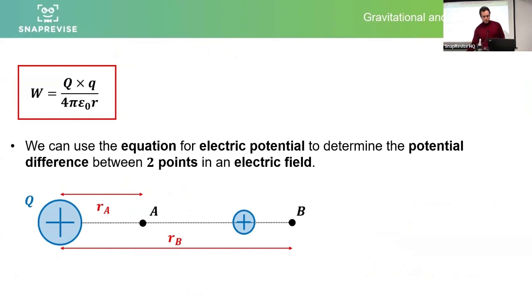Right, one more slide and then we might have to skip the question. The work done follows this equation. Again, like gravity, where the equations for gravitational potential energy and gravitational force were very similar, except that one was 1 over r squared and one was 1 over r. Same story here.